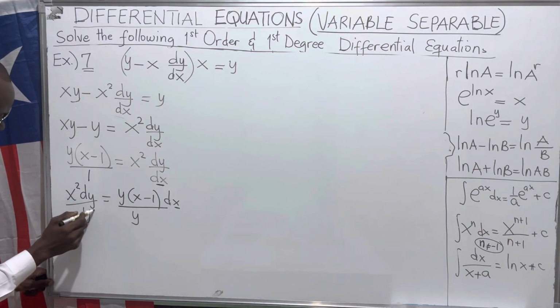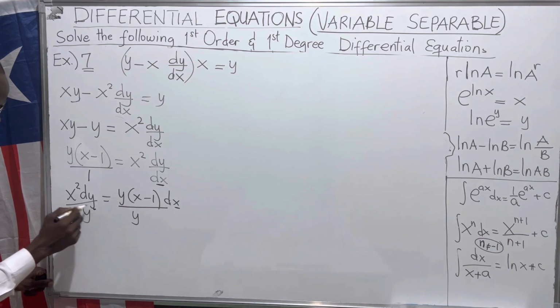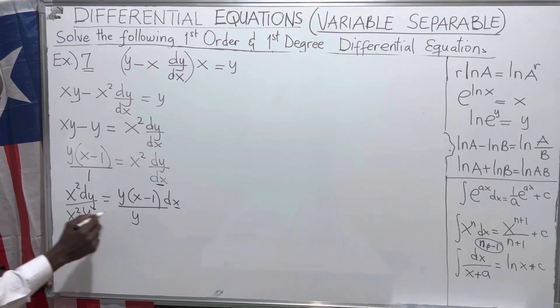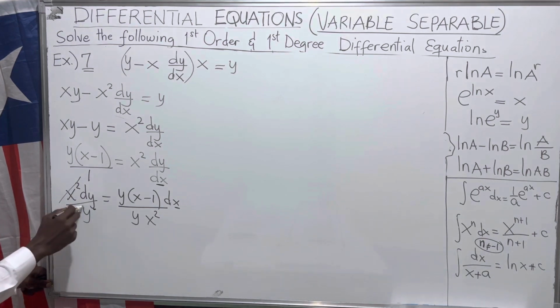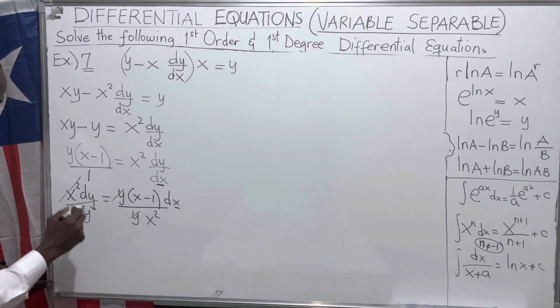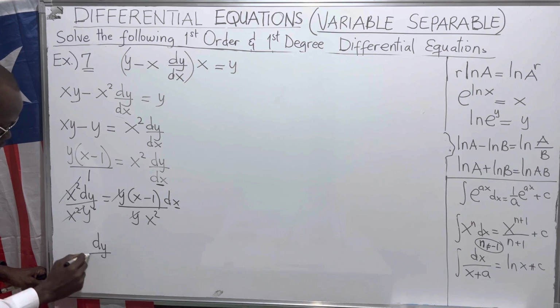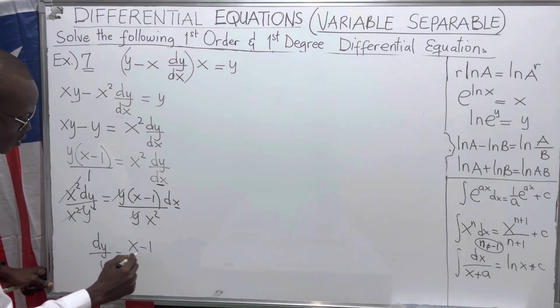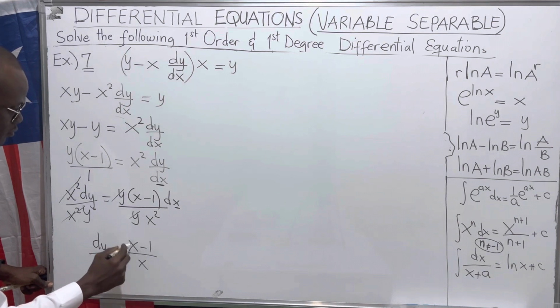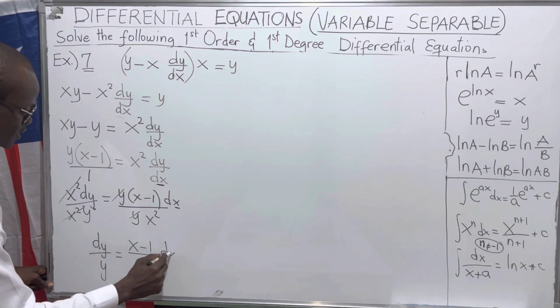Likewise, the variable of integration here is y, so I must divide both sides by x squared. So x squared will cancel this one, and y will cancel y. You have dy over y equals (x minus 1) over x squared times dx.